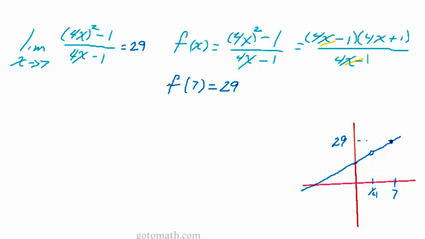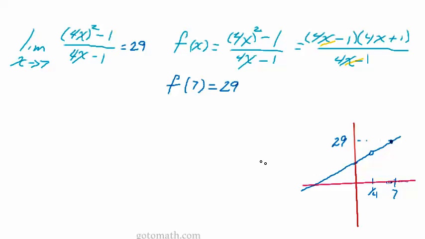However, this concept of plugging a number in and getting a number out is completely different than what this is doing. What this is telling us is that as we get closer and closer to 7, let's say from the left, our y value is getting closer and closer to 29. And if we come in from the right hand side, our value is getting closer and closer to 29.